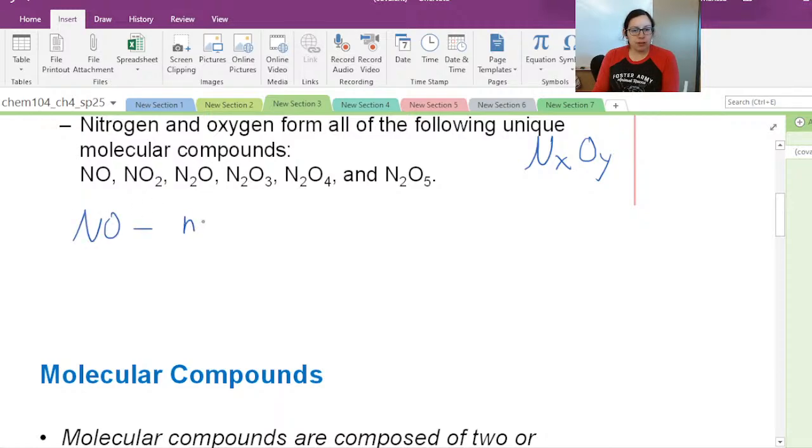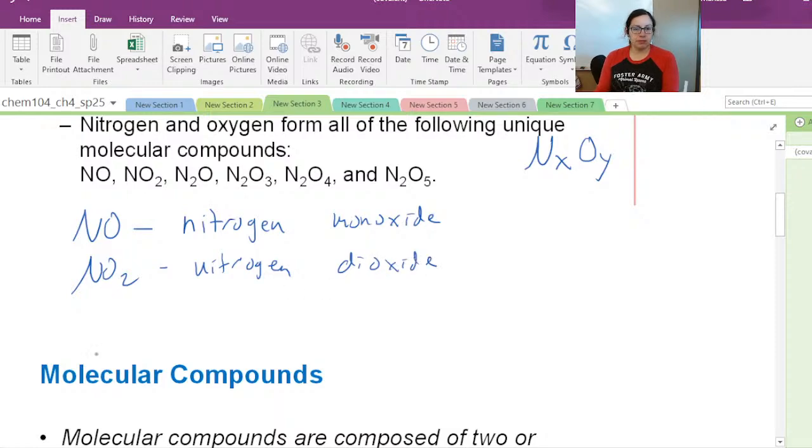So NO is nitrogen monoxide. NO2, so nitrogen dioxide. N2O, now dinitrogen, since that one was the first one that deviated from 1.